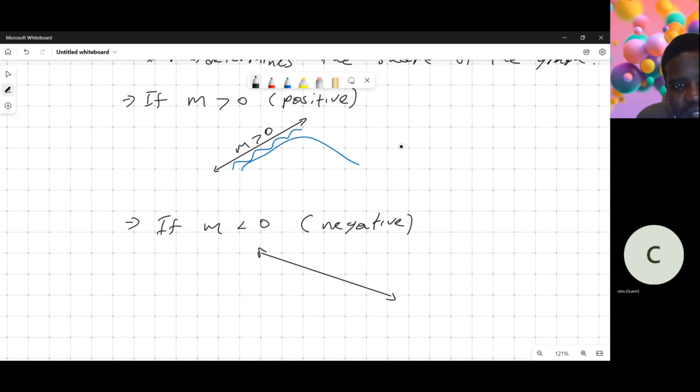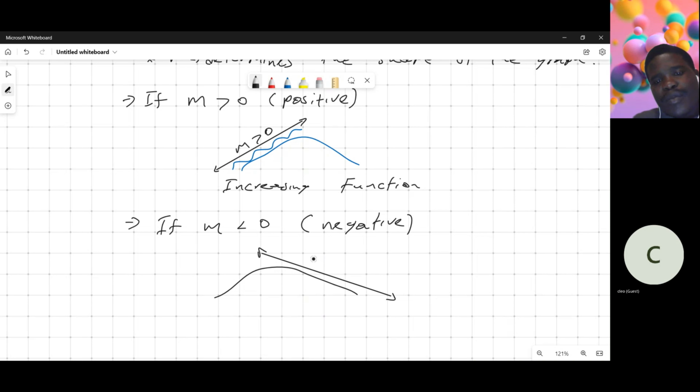If m is positive, we'll have an increasing function, and here we'll have a decreasing function. You will be going down from that cliff or those stairs. That is when m is negative.